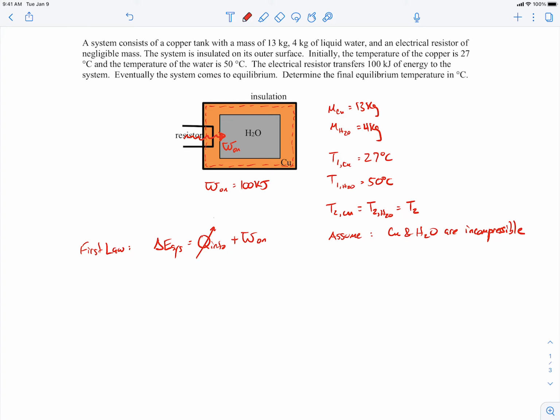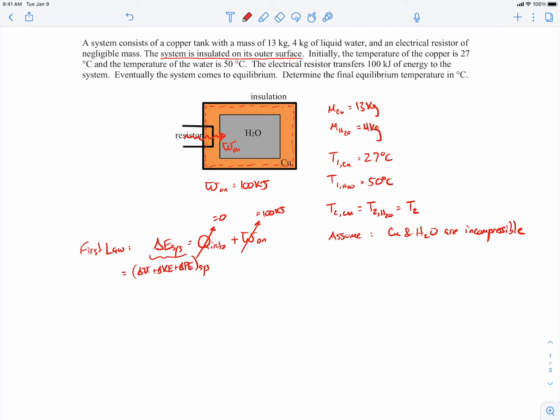Now the heat transfer is 0 because we know that the copper tank is well insulated, right? It says the system is insulated on its outer surface, so we don't have any heat transfer. The work on is 100 kilojoules. The change in total energy of the system will be the change in the internal energy plus the change in the kinetic energy plus the change in the potential energy of the system.